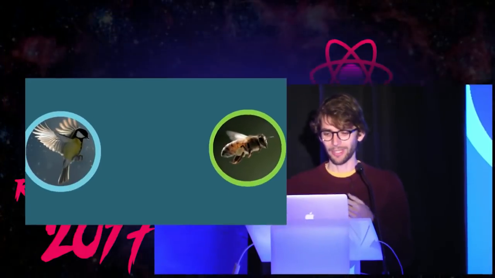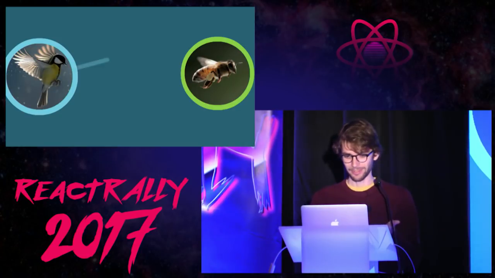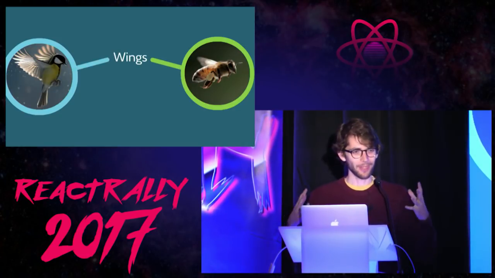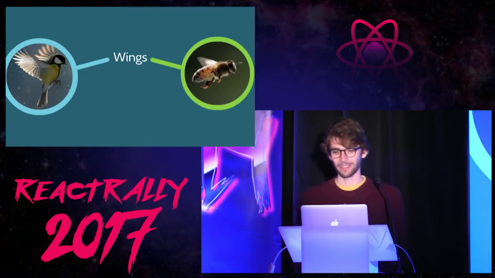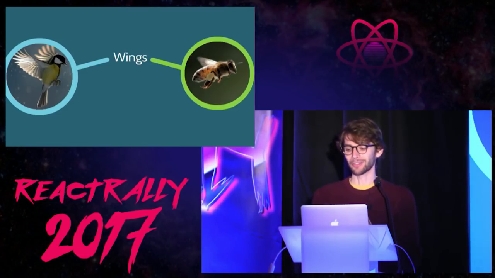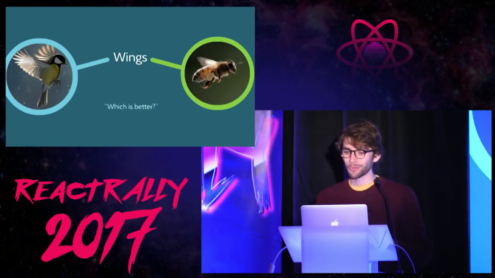I want to start by giving an example of convergent evolution from real life, which is you have these very different creatures, birds and bees, that both can fly. They both somehow ended up with wings, even though millions of years ago they diverged evolutionarily. And one thing that a developer might say when they see this connection is, well, who did it better?